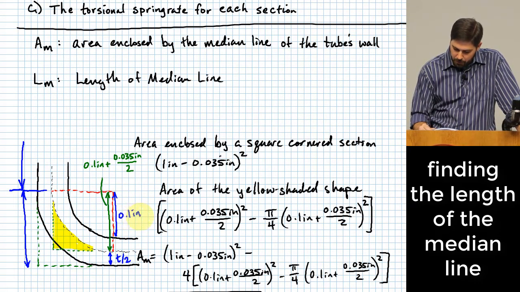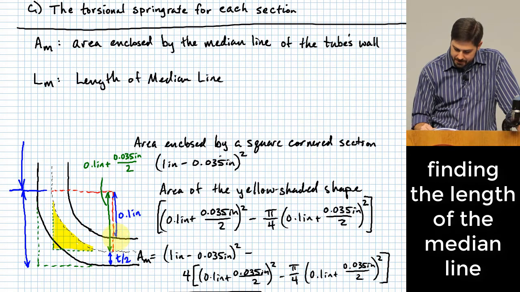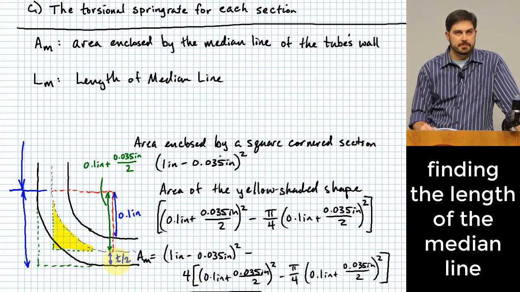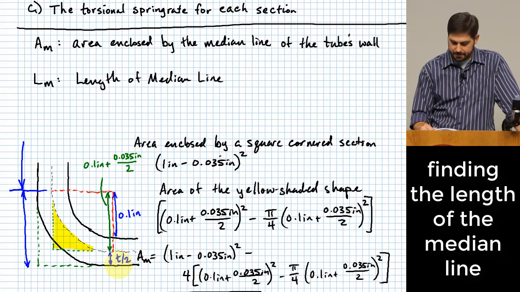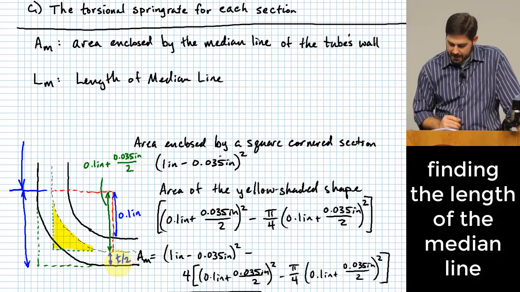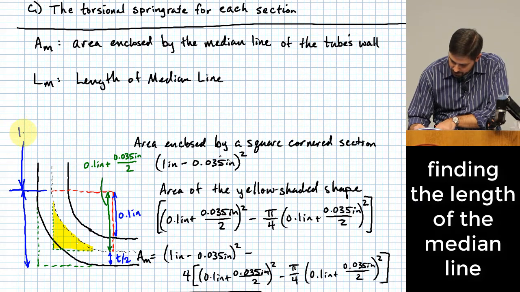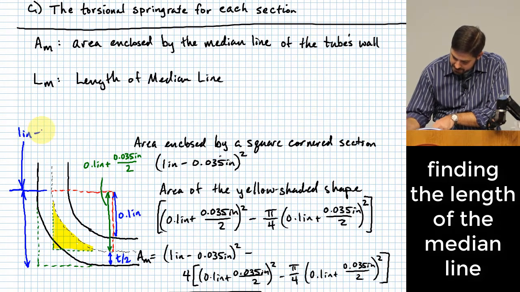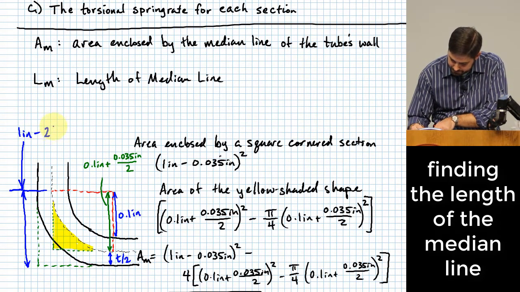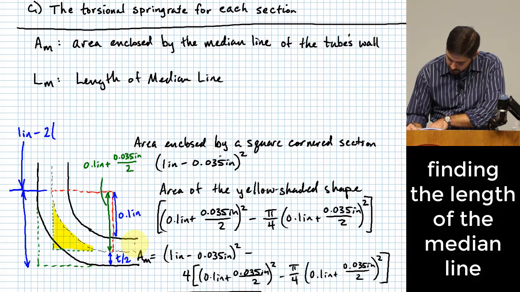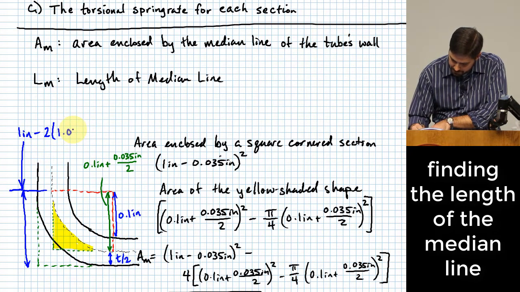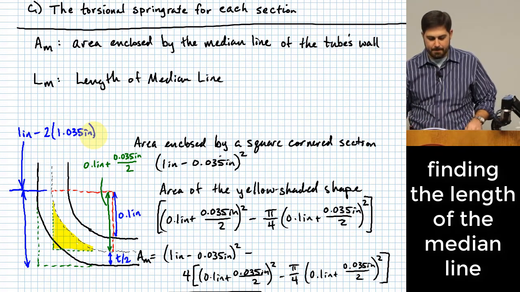Well, that's just going to be 0.1 inches plus the full thickness, 0.035 inches. And so what that tells me is that this dimension up here is going to be 1 inch minus 2 times 1.035 inches.